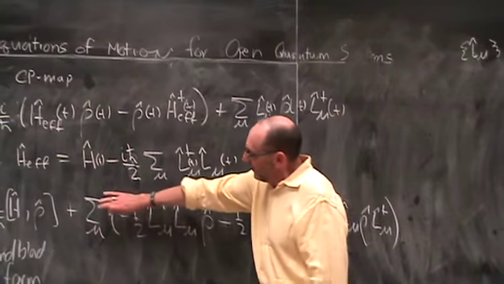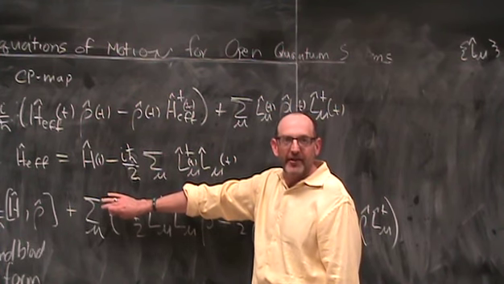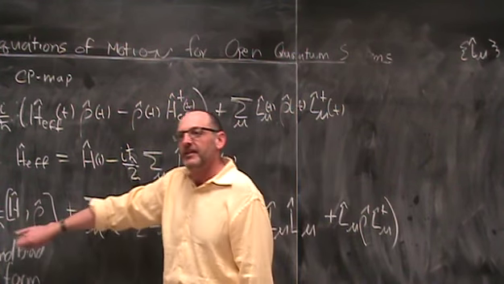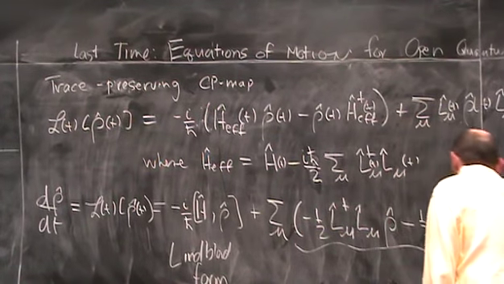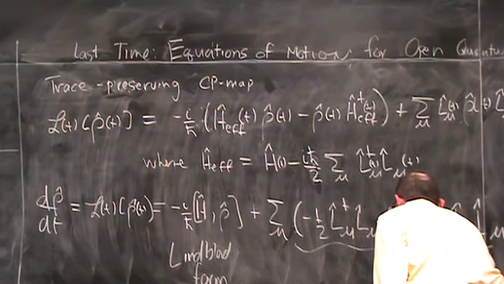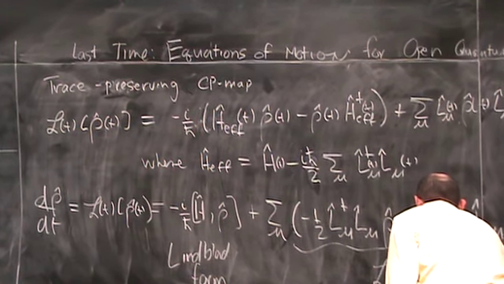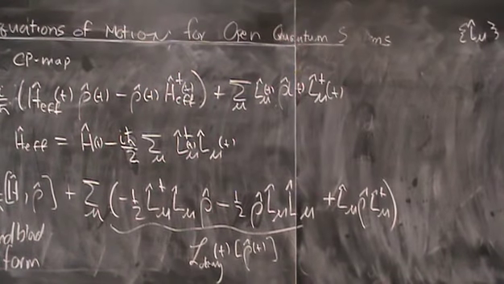If we didn't have this part, this would be the Schrödinger equation, and that would generate unitary evolution, which is time reversible. This part is sometimes called L_decay, the part that has to do with the irreversible evolution of this system. Let's just look at that part.